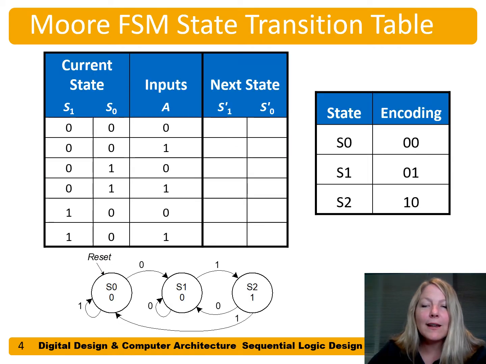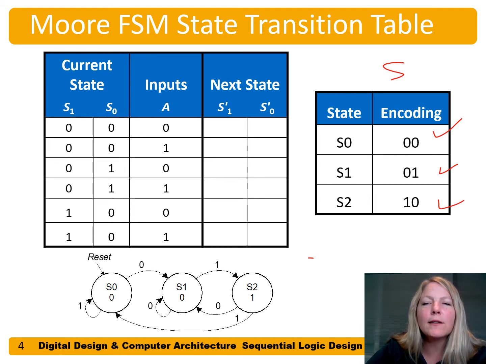So the Moore FSM state transition table, we've done this before. We went ahead and encoded the states. S0 is 0, 0, S1 is 0, 1, S2 is 1, 0, binary encoding, state bit 1, state bit 0.